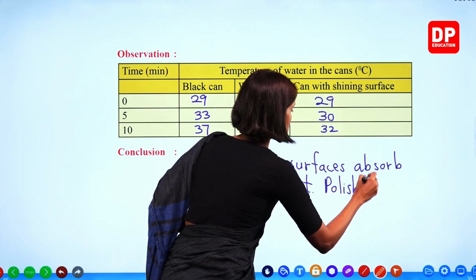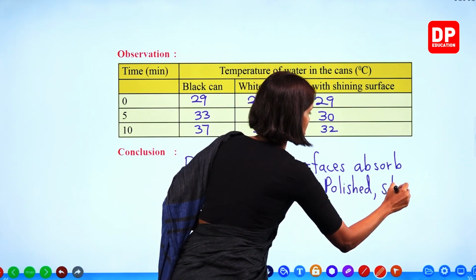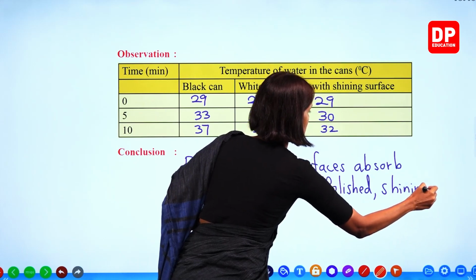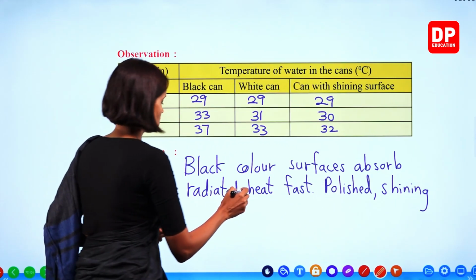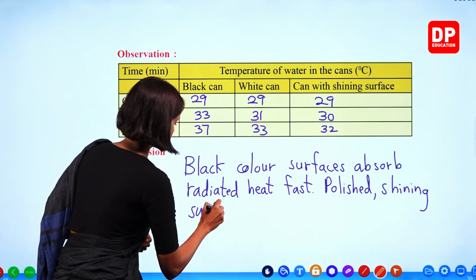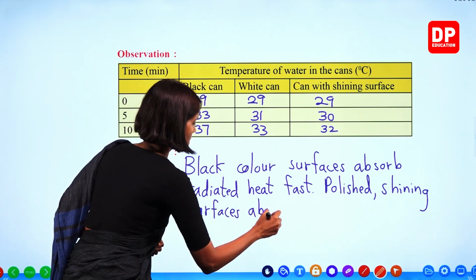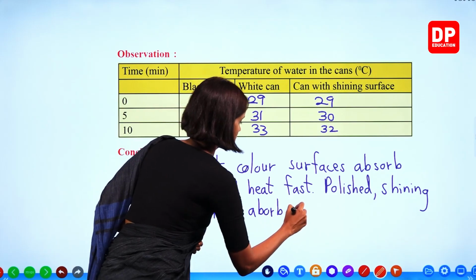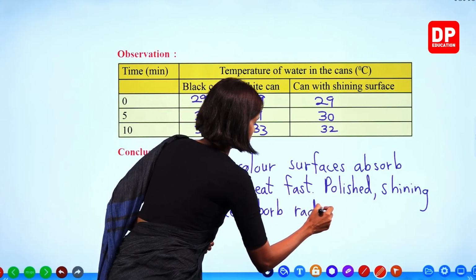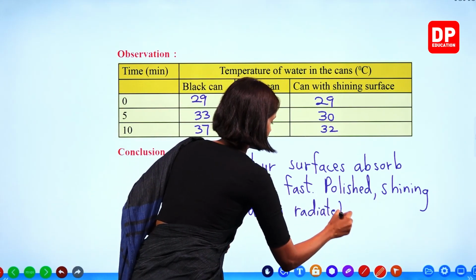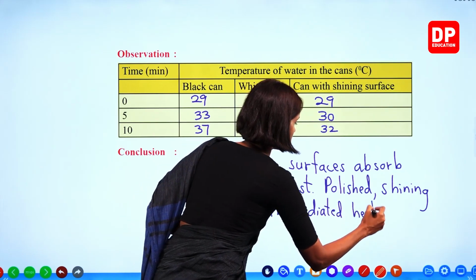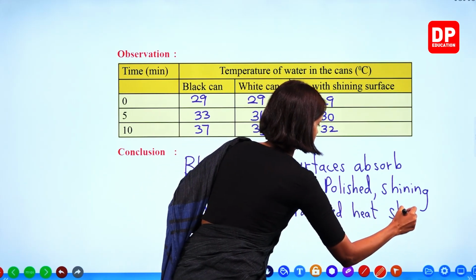Polished, shining surfaces absorb radiated heat slowly.